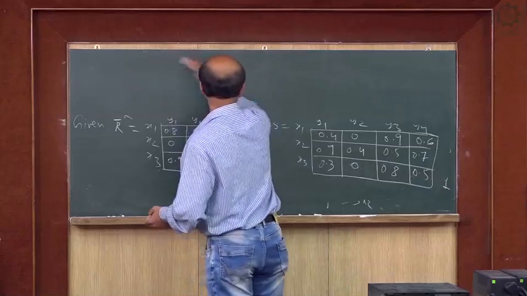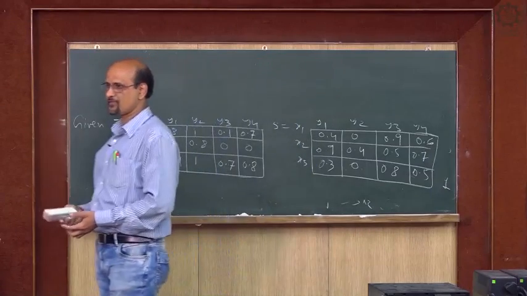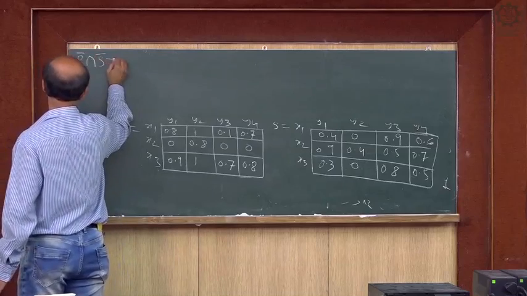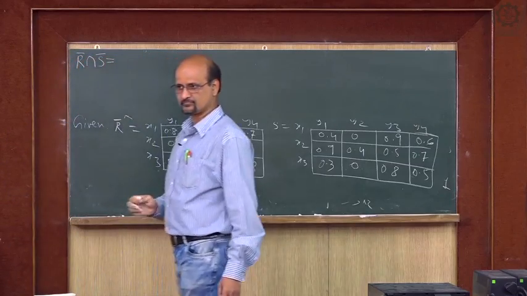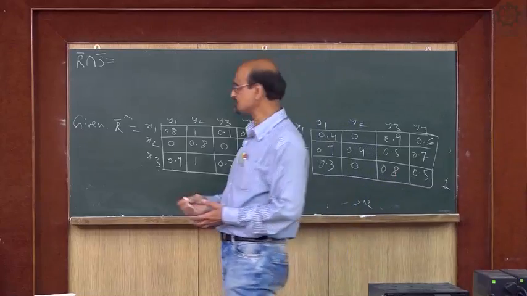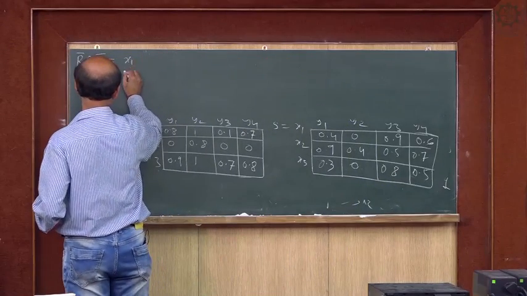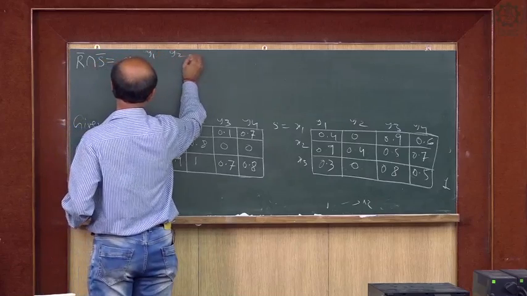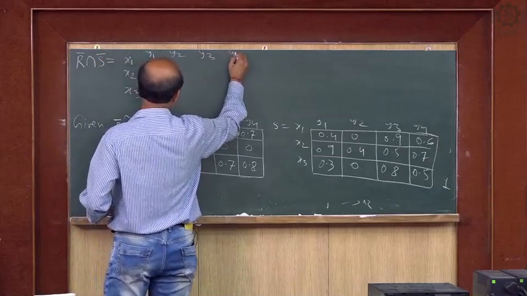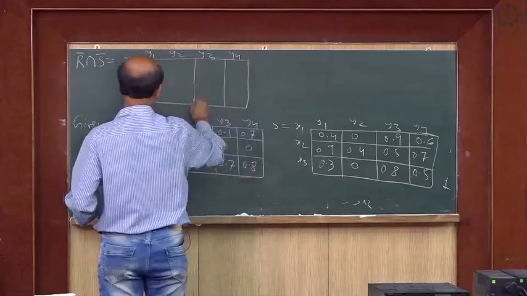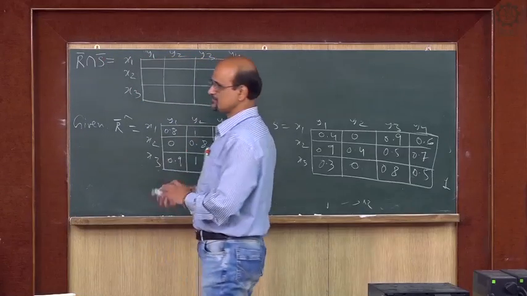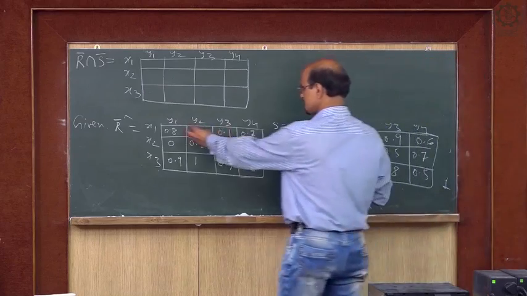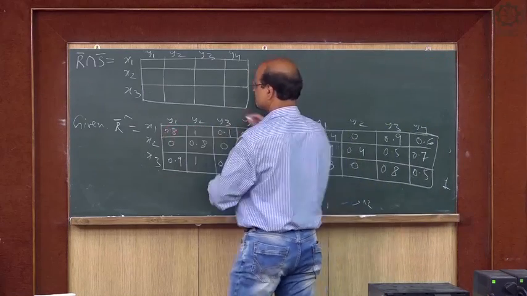Now I want to find first R bar intersection S bar, the intersection of these two relations. You know the definitions I wrote in the last class. So let us have x1, x2, x3, y1, y2, y3, y4. What was the definition? Very easy. Minimum of this and this, that is 0.4.